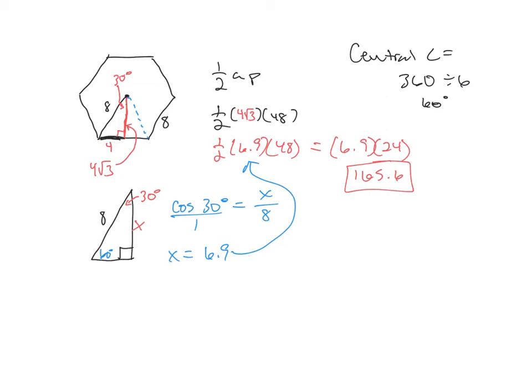Okay, for the area of that hexagon. So hexagons are going to have 30, 60, 90 triangles, no matter what. Okay, so you can use special right triangles, or you can use sine, cosine, and tangent. Okay, but what if it's not a hexagon?